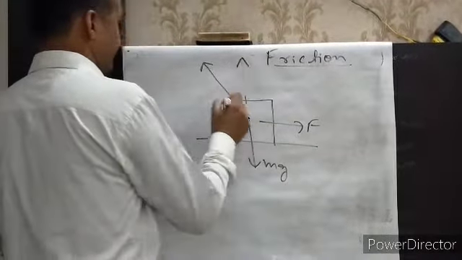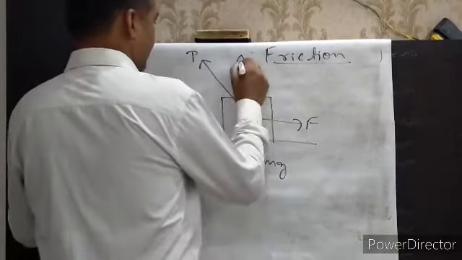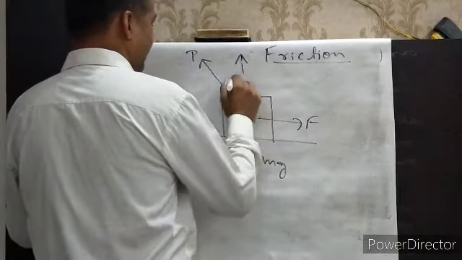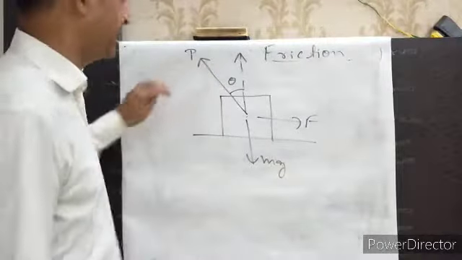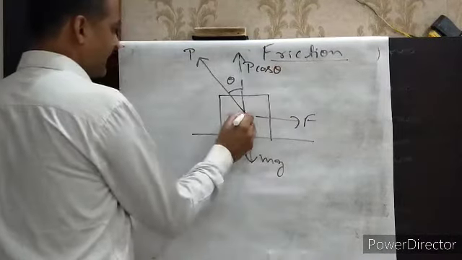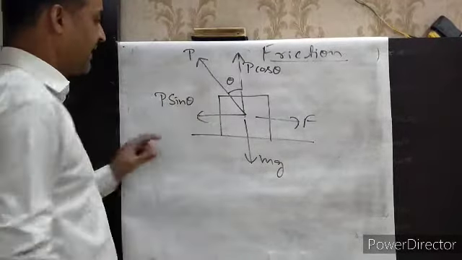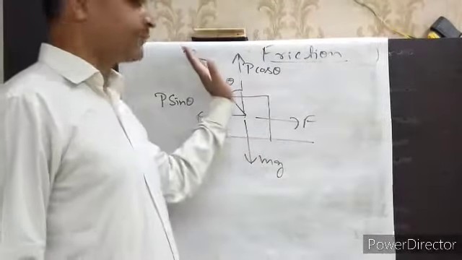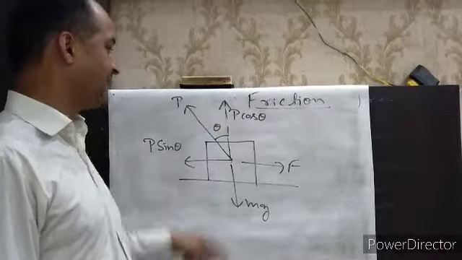Now this is P, the normal reaction. It is tilted at an angle theta. Now there are two components of normal reaction P. This component is P cos theta, and this component is P sin theta. Clear? This P will resolve into two components, P cos theta and P sin theta.